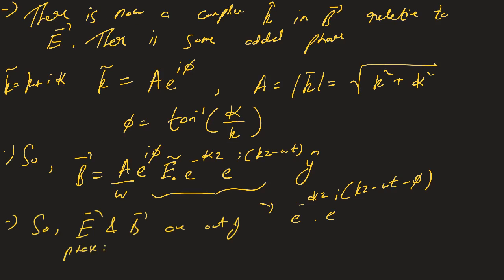Let's say I express E as some E naught e to the i phi_E, and I express B as some B naught e to the i phi_B. Then I can write that phi_E minus phi_B is equal to phi, which is equal to tan inverse of kappa over k.